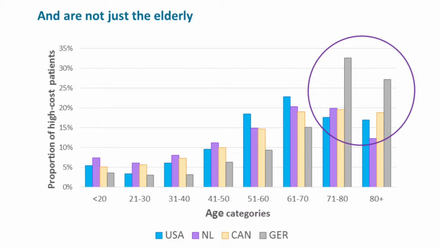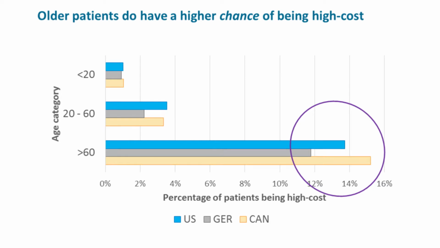In Germany, the gray bars, we see that they have more elderly high-cost patients. But that probably merely reflects their population distribution as a whole. Because if we look at it the other way around and look at the chance of patients being high-cost per age category, we see two things.